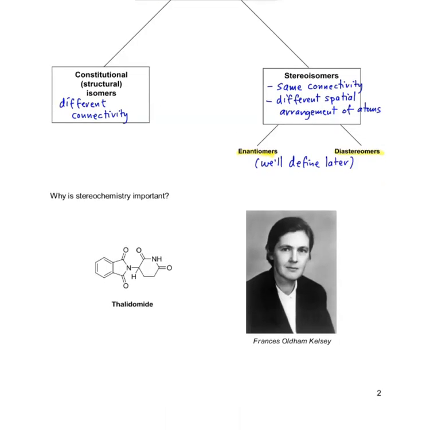Now, before we get too far into this, let's think about why it's important. Why do we care about this at all? One of the classic examples of the importance of stereochemistry comes from this molecule, called thalidomide. Thalidomide was a drug prescribed in Europe in the late 50s and early 60s to pregnant women, used as a sedative and as an antidote for morning sickness.